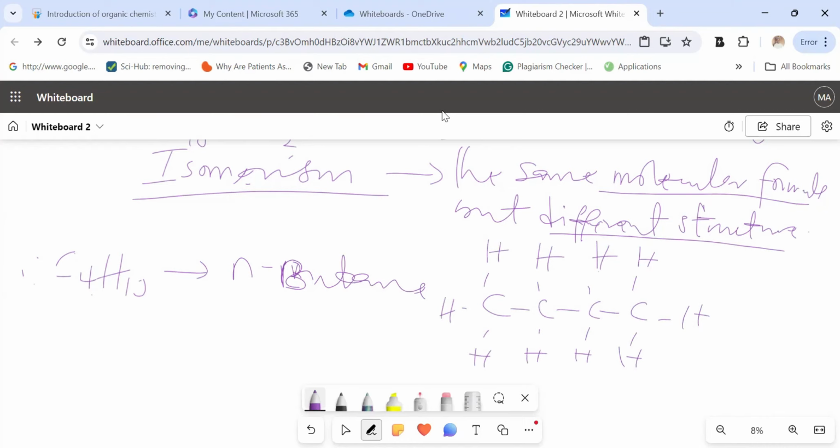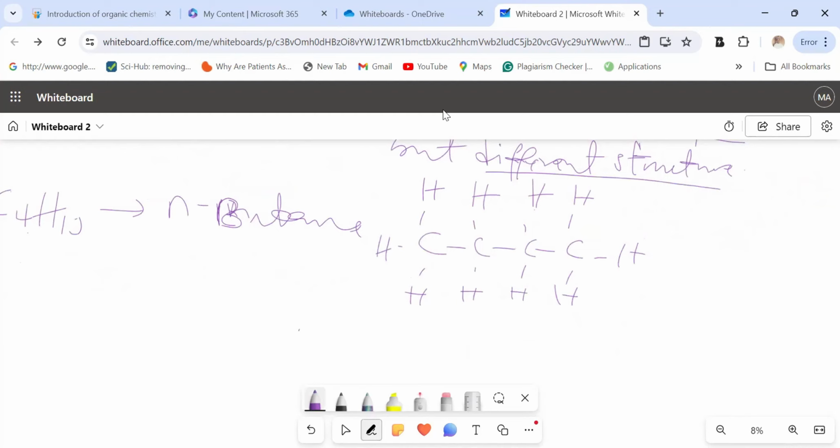But you can also have another structure of this. Like for example, now we can have a C with another C branching here, with hydrogens around each carbon.